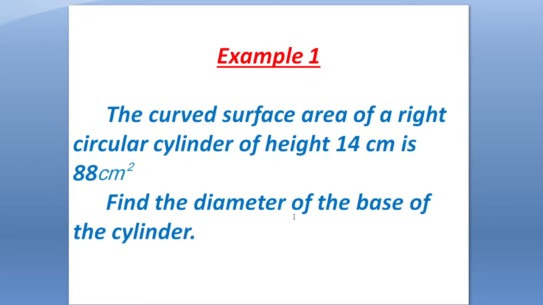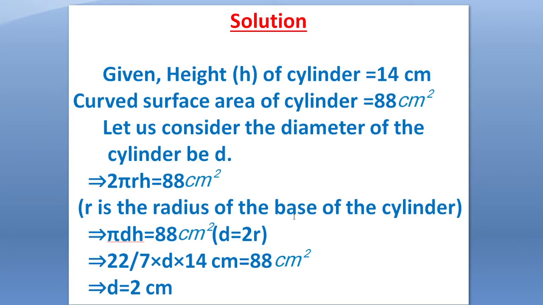Find the diameter of the base of the cylinder. So given height h of the cylinder is equal to 14 centimeter and curved surface area of the cylinder is 88 centimeter square.